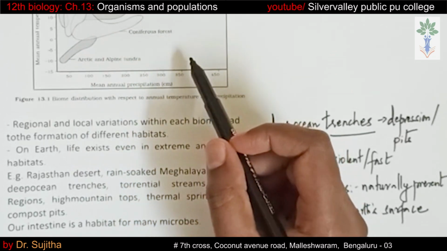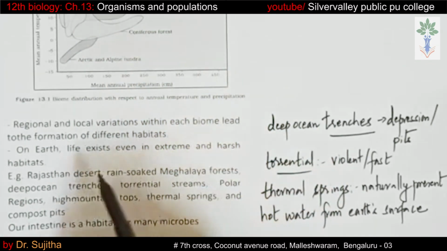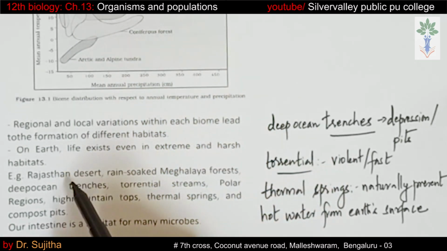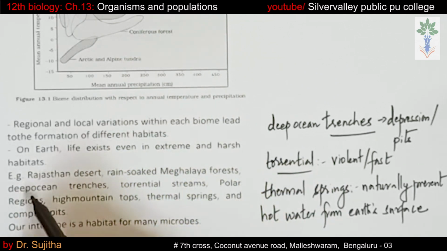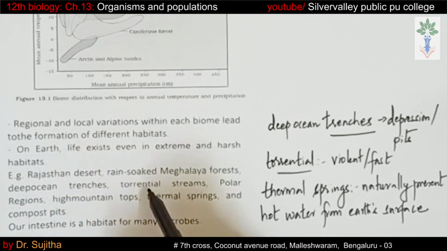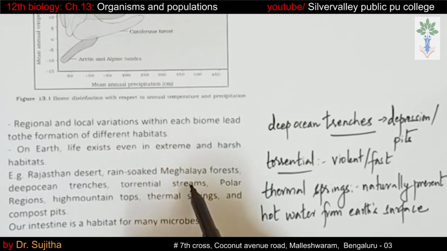Life can exist even in extreme and harsh environments such as the Rajasthan desert, where the temperature is extremely high, the rain-soaked Meghalaya forest, and deep ocean trenches. Trenches means the pit or the depression present in an ocean. Torrential stream. Torrential means a fast moving or violent stream.